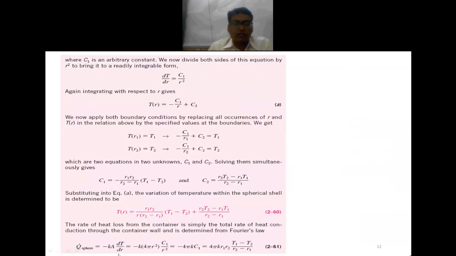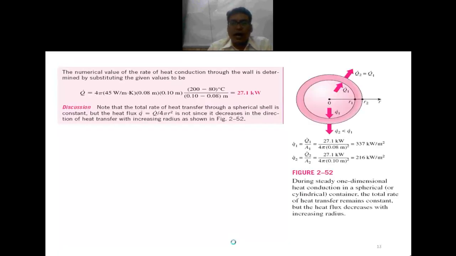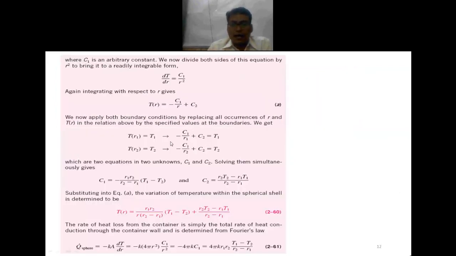Simplification of this, you will get this equation, and as a result we are simply substituting 4 pi K, which is 45 watt per meter Kelvin, into R1 and R2.